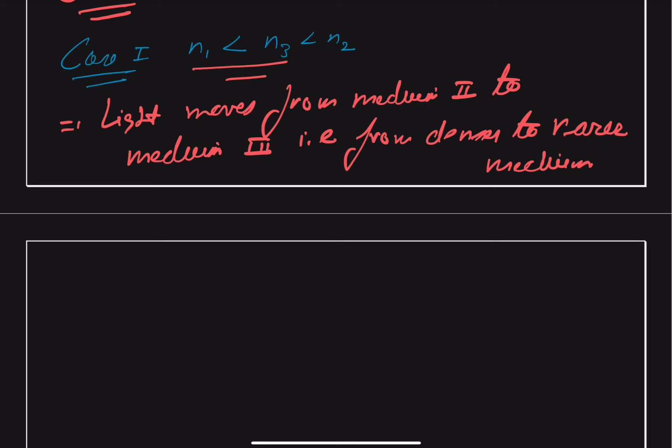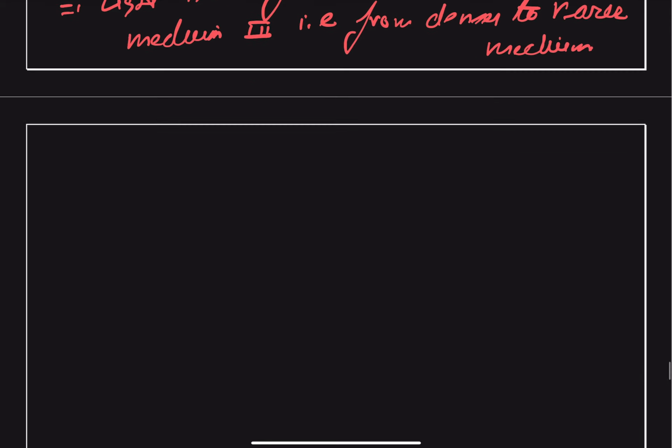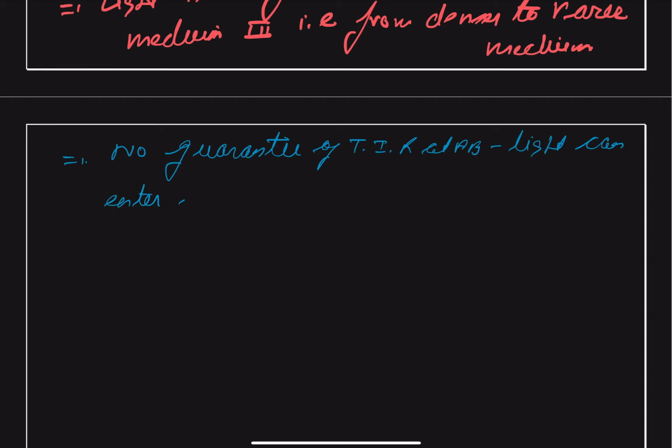Thus we can say there is no guarantee of total internal reflection at AB because light can enter the slab. Okay.